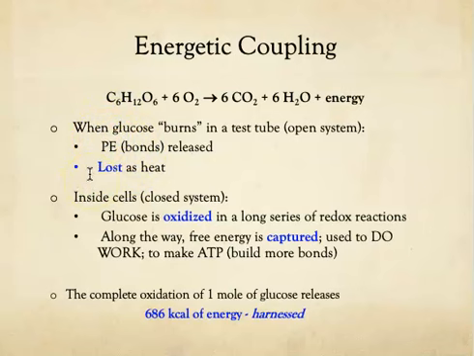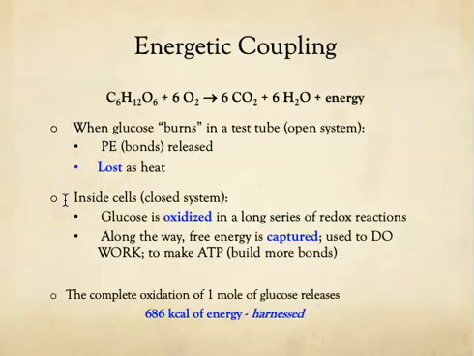It would be lost in the form of thermal energy or heat. You would have transformed the potential energy into thermal energy by doing that, and you would lose that energy out into the universe from your test tube. Inside of cells, we want to prevent that loss as much as possible.